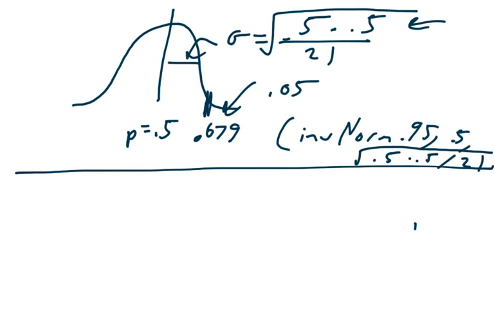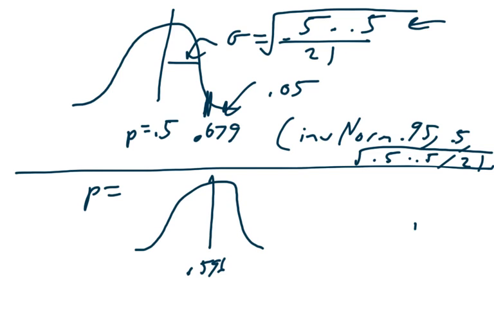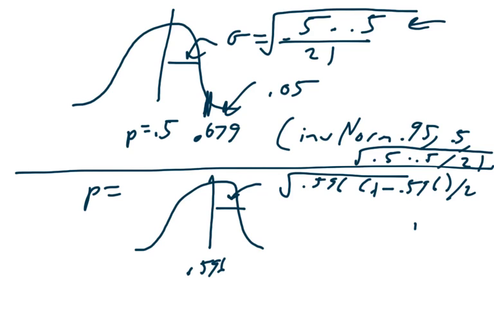So in reality, when we counted the cards, we got a p-value of 31 out of 52, which was 0.596. And the standard deviation is the square root of 0.596 times 1 minus 0.596 over 21.